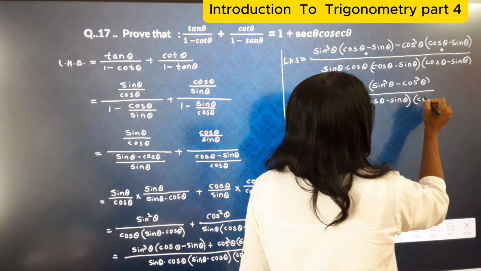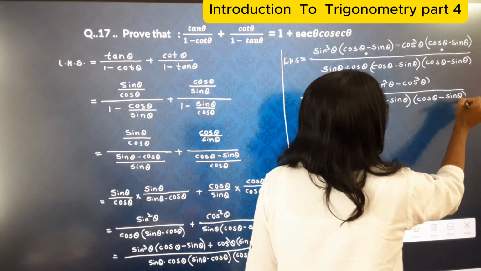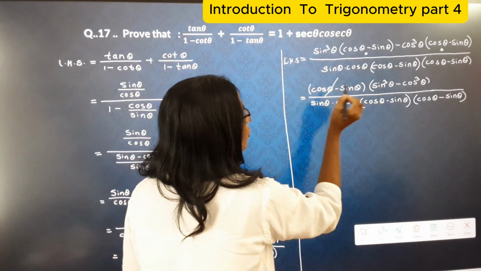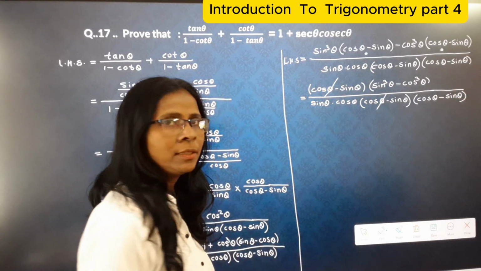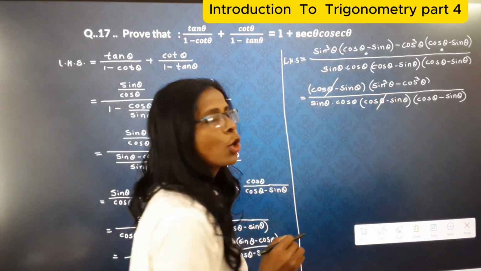Students, cos theta minus sin theta and cos theta minus sin theta get cancelled. Now the remaining term is sin cube theta minus cos cube theta.